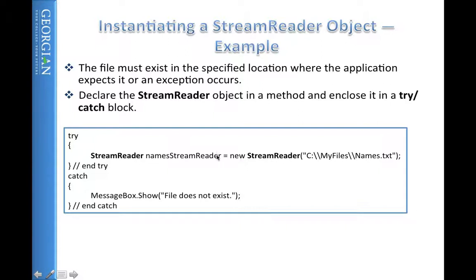But you could break this up. You could associate it first at the top of your file somewhere, and then instantiate this new StreamReader object inside a try-catch block, which is what we're doing here. And then, of course, if something fails with the reading, then maybe the file doesn't exist.